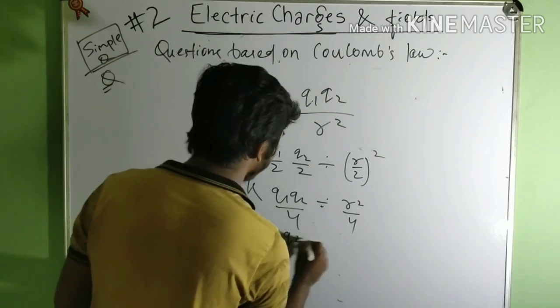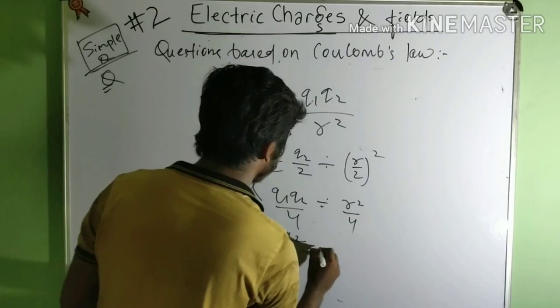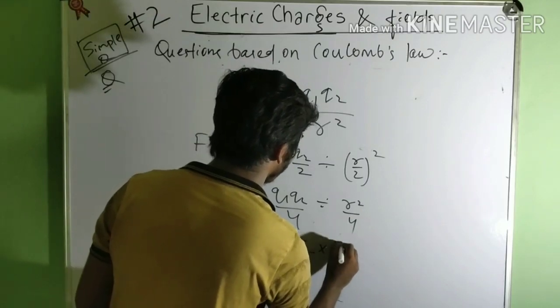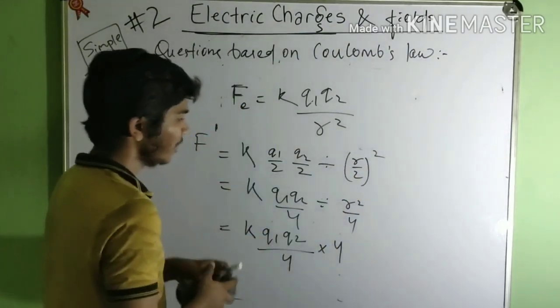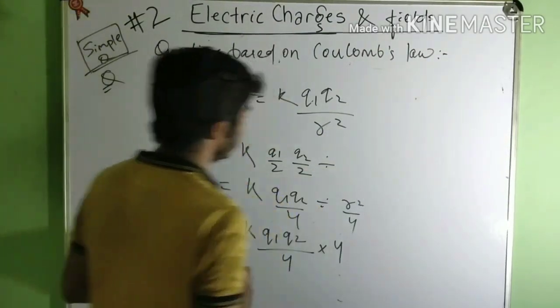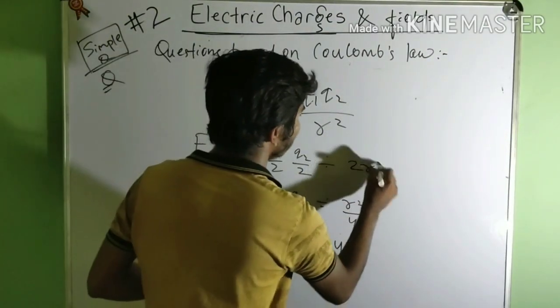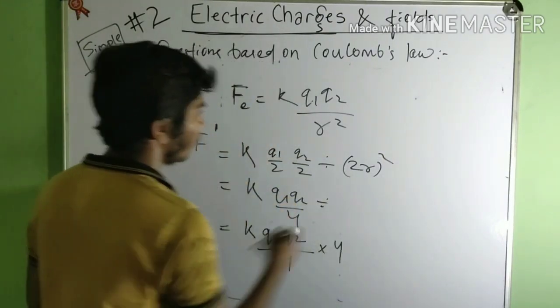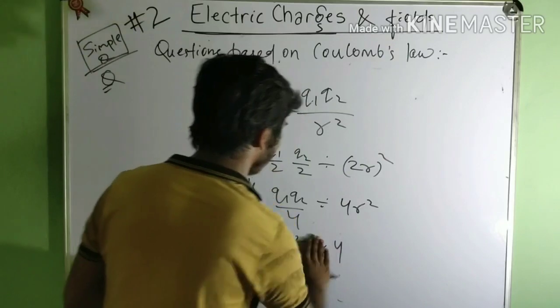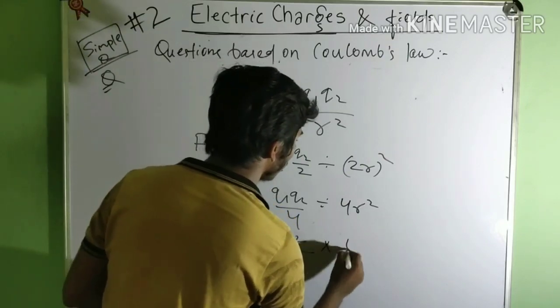Sorry, this will be 2r. The distance between them is doubled, 2r whole square, so it will be 4r square, and it will be into 1 by 4r square.